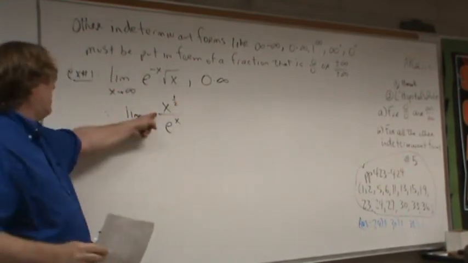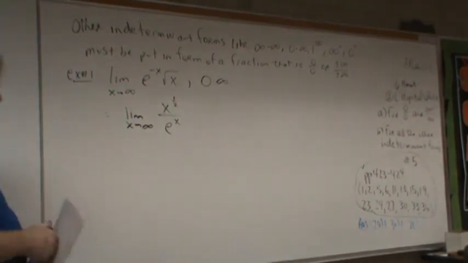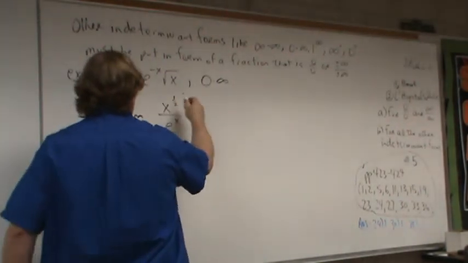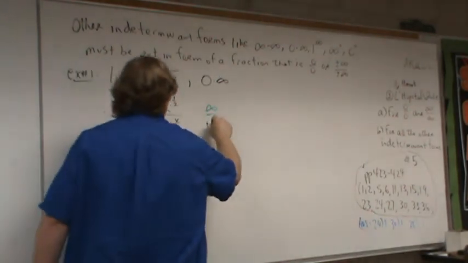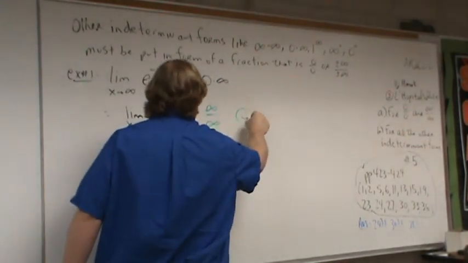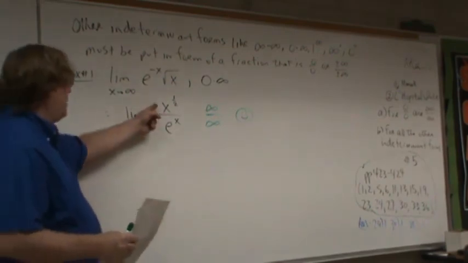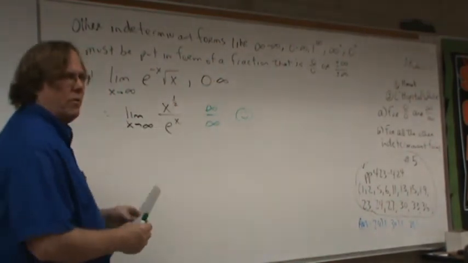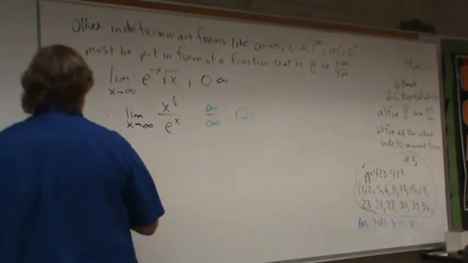Are you okay that this is the same as that? Yes. Good. But now, when I stick in infinity, I get infinity to the 1/2 power, which is infinity, and I get e to the infinity power, which is infinity. Hey, I get to do L'Hopital's rule now. You see? I couldn't do L'Hopital's rule until I turned it into a fraction of the form 0 over 0, infinity over infinity. And so now I'm going to do L'Hopital's rule.